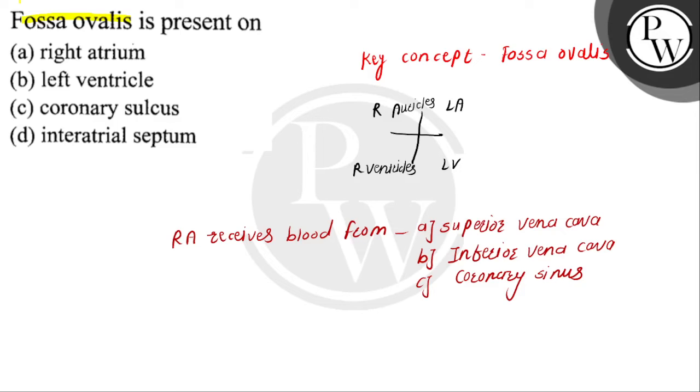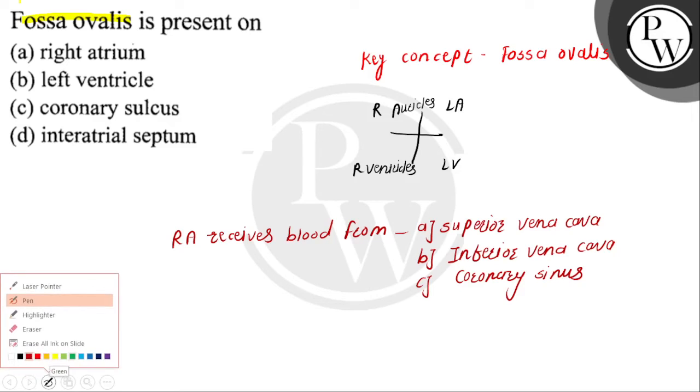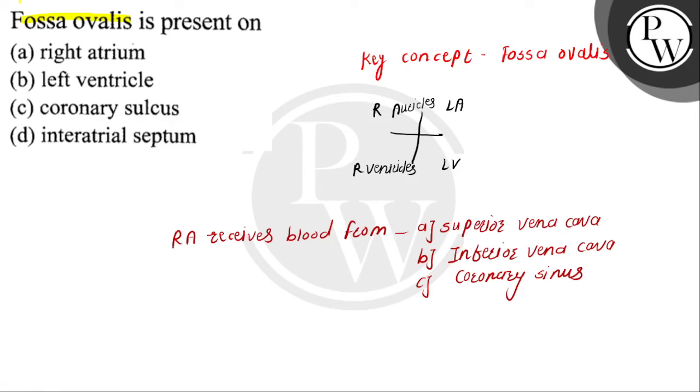Now the right auricle is separated from the left auricle by one special structure, and that structure is called the interatrial septum.